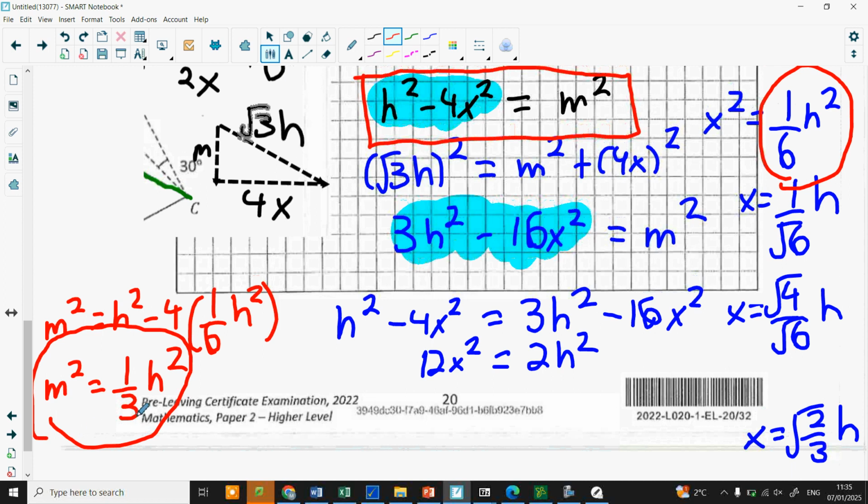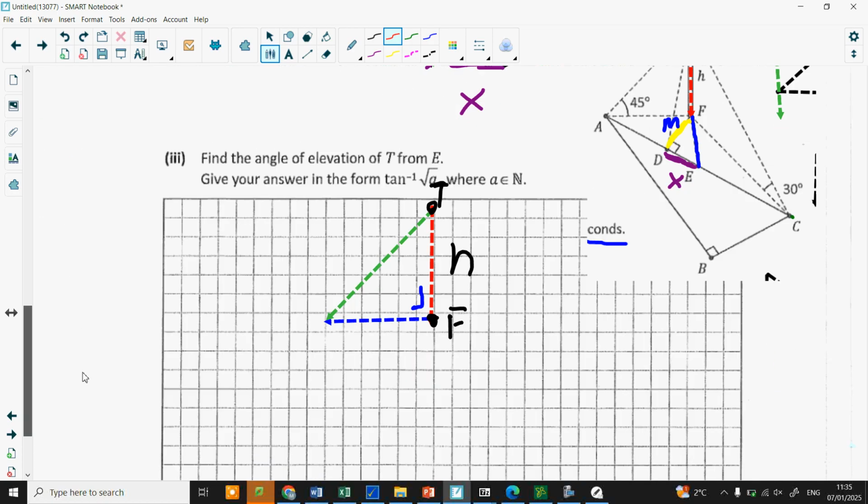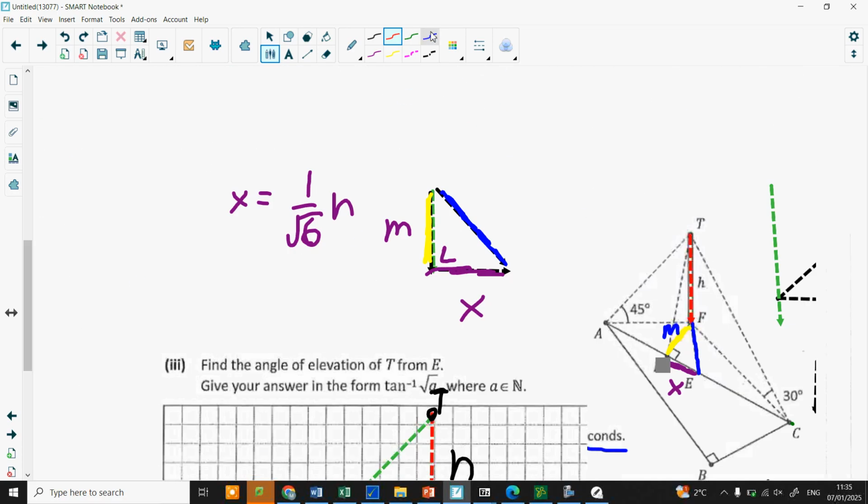Now we have a value for M squared, which is exactly what I need. M squared is 1/3 h squared, yeah? So if I do Pythagoras' theorem, I'm after this blue value, which I'll call L. So L squared equals M squared plus X squared.